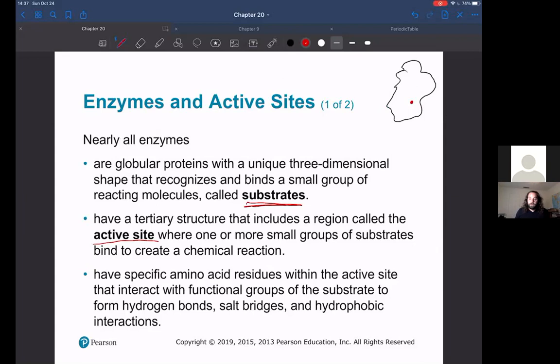So we have these different amino acids, each with their own functional group, and so they can interact with those substrates through the same ways that amino acids interact with one another. We talked about the hydrogen bonding, the formation of salt bridges, or even those hydrophobic interactions might hold a substrate in place.